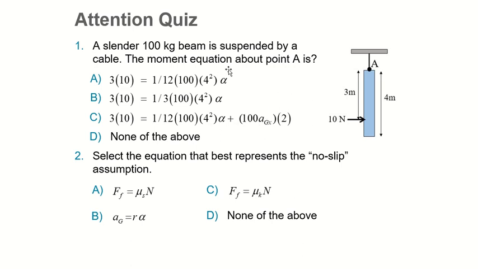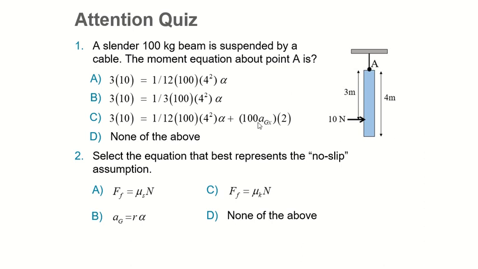It's asking you the moment equation about the point A, so you will have to find the force times acceleration, which is your external force, at G, and then the x direction, which has to be in there.